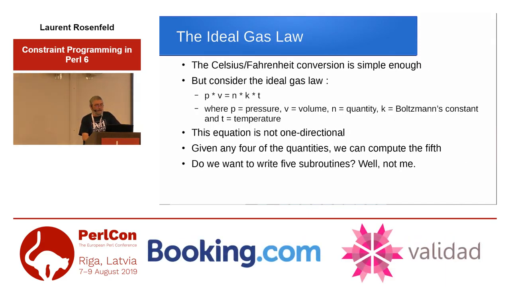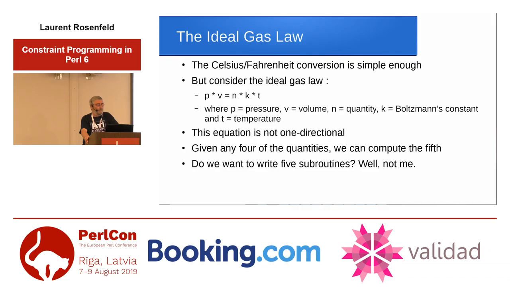While the conversion is of course quite simple, so it's only 2 lines of code to define the two subroutines, if we consider a more complicated math formula, say for instance the ideal gas law, we have 5 variables, well actually 4 variables and 1 constant. And this equation is not one directional.